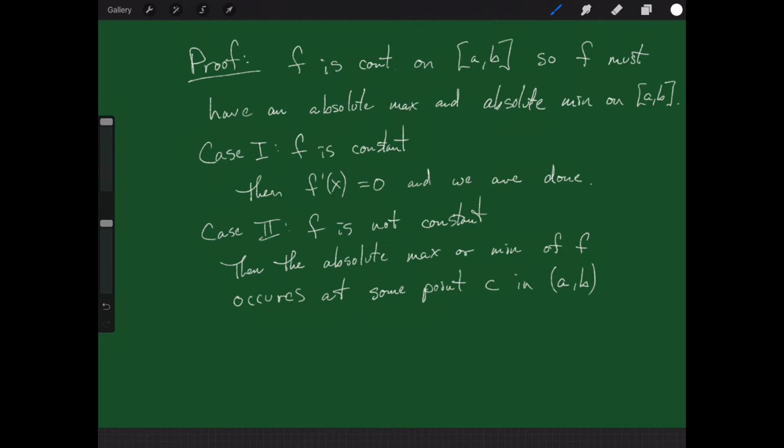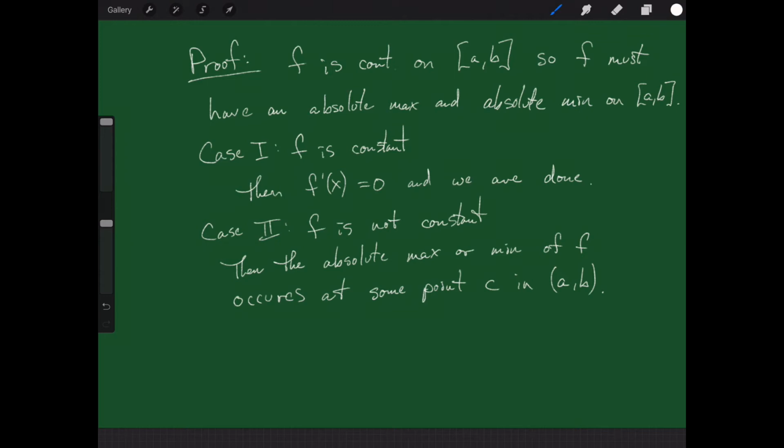In other words, it's not at a and it's not at b. The reason why is, remember that the functional value at a and the functional value at b are different. So there's either going to be some point that's bigger than a and b, since this is not a constant function, or there's going to be something smaller. So the absolute max and min can't both be the endpoints. So there's some point in between a and b that's either the absolute max or the absolute min.